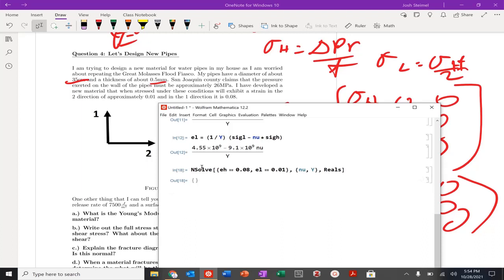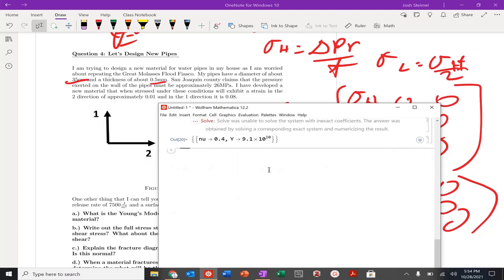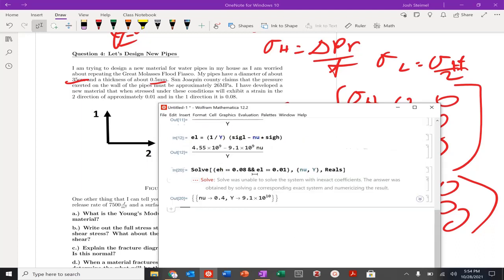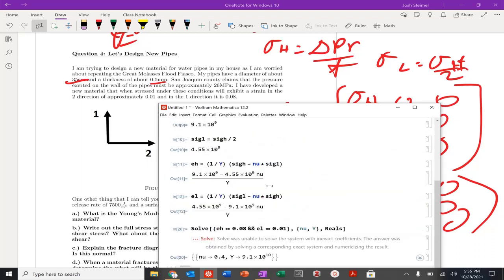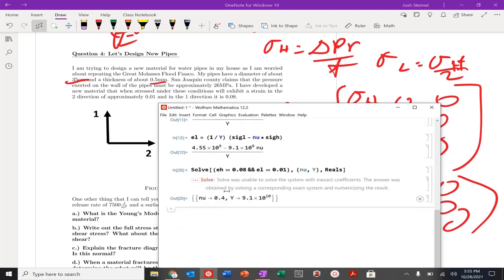Yeah, sometimes Mathematica just really doesn't like it. Yeah, let's just do Solve. There we go. The answer is obtained. Verify the result.